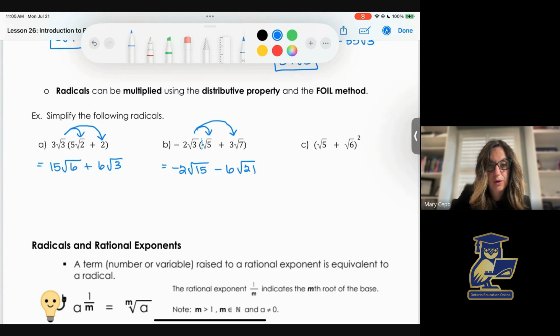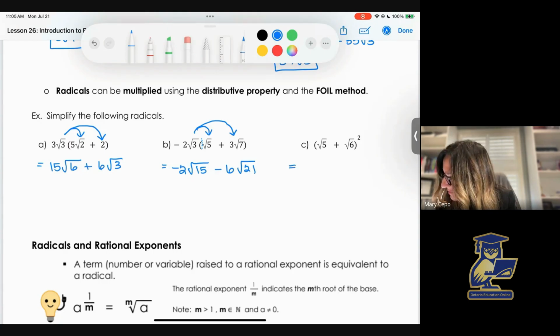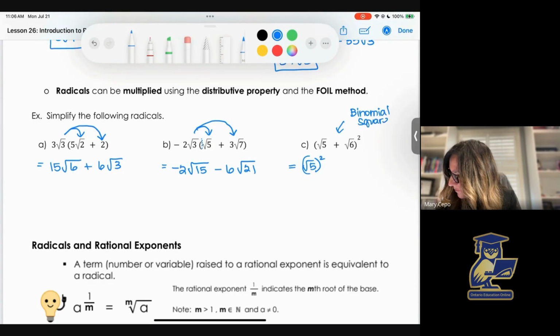Likewise, 21. Okay. Now, C is a binomial square, so we can use the shortcut. We know when we have a binomial square, we square the first term, then 2 times the 2 terms multiplied together, so root 5 times root 6, plus root 6 squared.